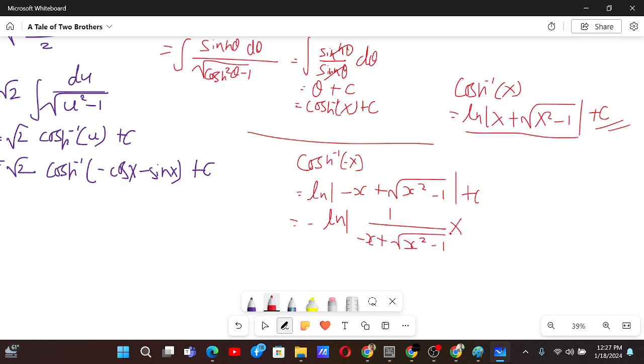And now we can multiply by minus x minus root x square minus 1 by minus x minus root x square minus 1 plus c.